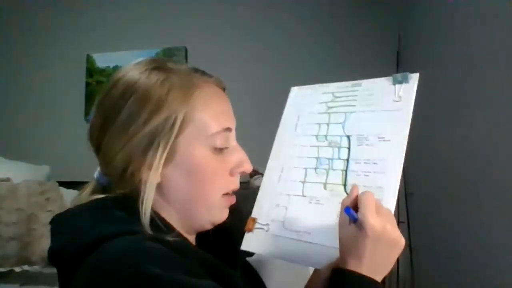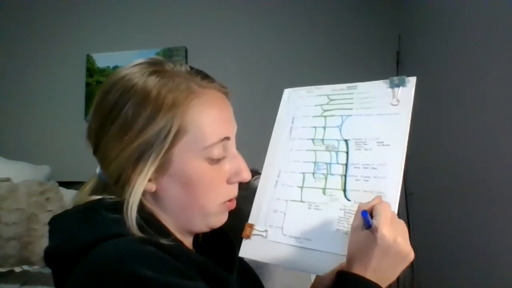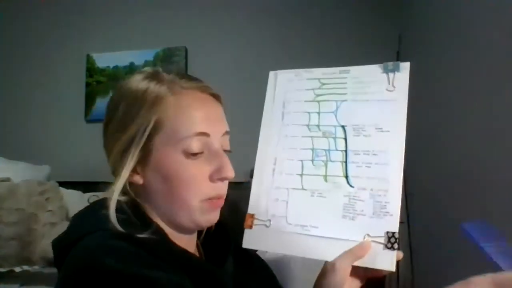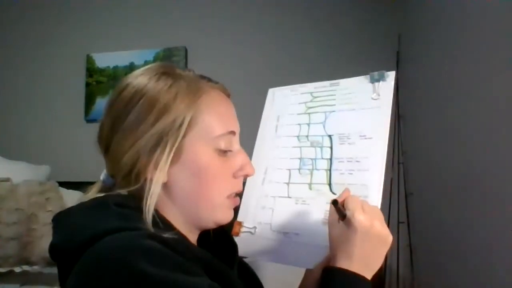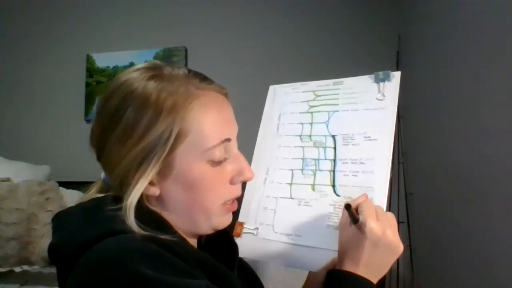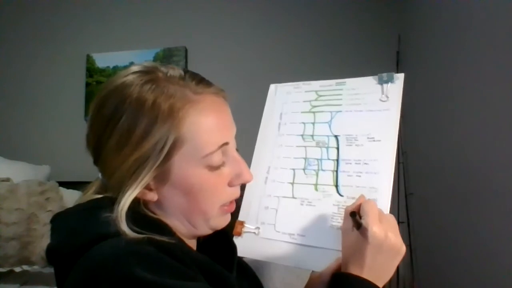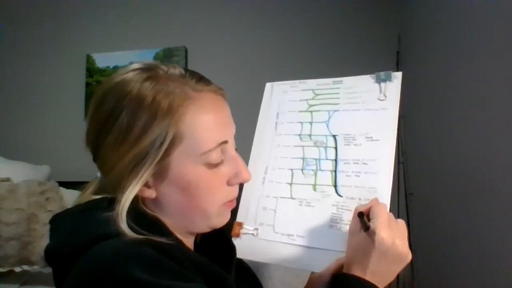And the last part of this is the superficial branch, and this innervates the fibularis longus and the fibularis brevis.